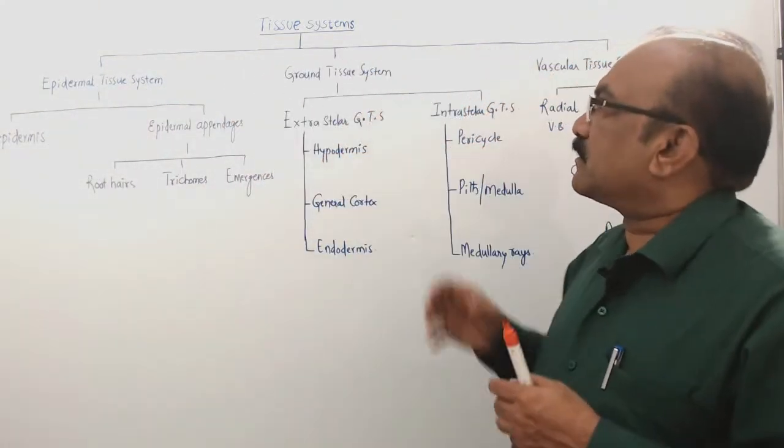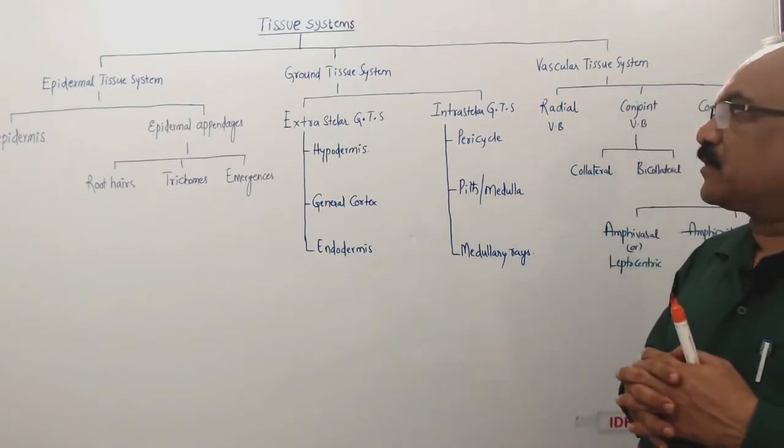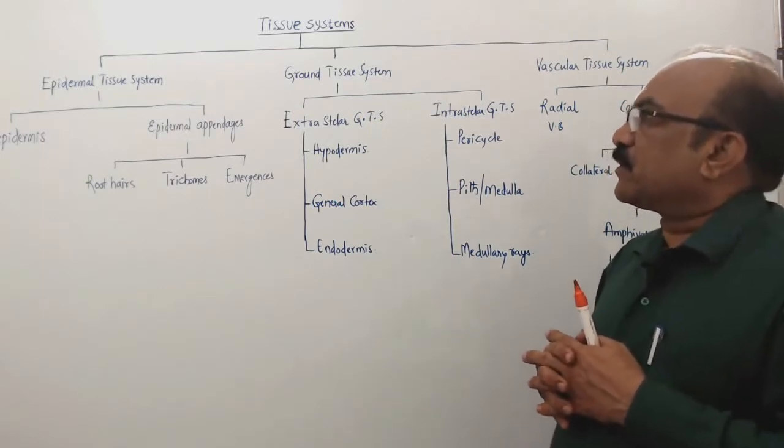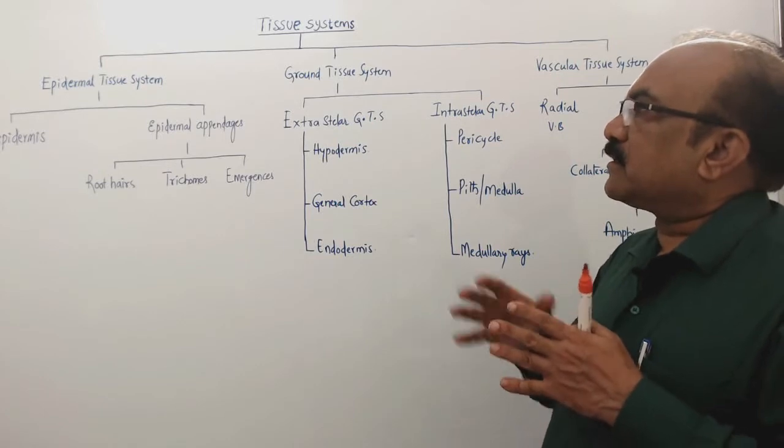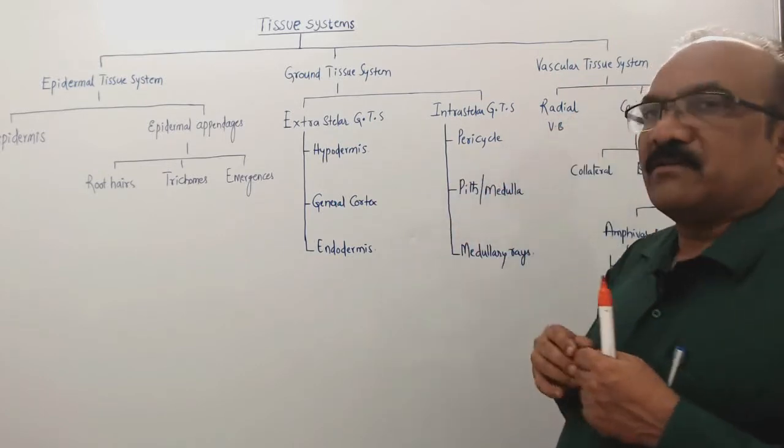And now let us see the ground tissue system. The ground tissue system is present between the epidermal tissue system and the vascular tissue system.